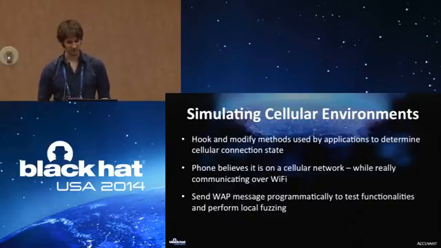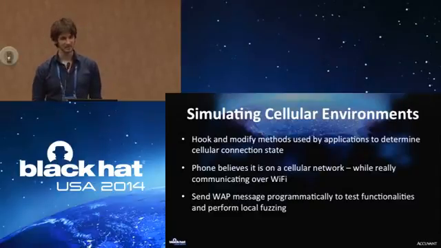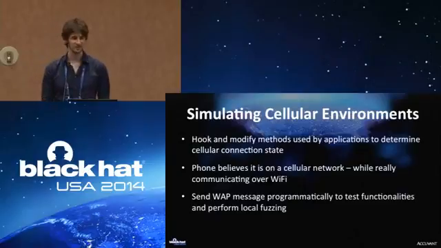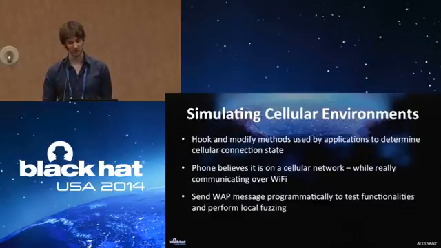So we are just sending WAP messages from the application itself to itself, or from another application to the application, so that we could really simulate the exact same thing as what the application would receive when it would receive a WAP message.